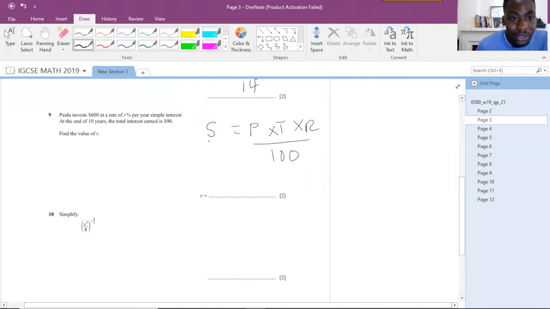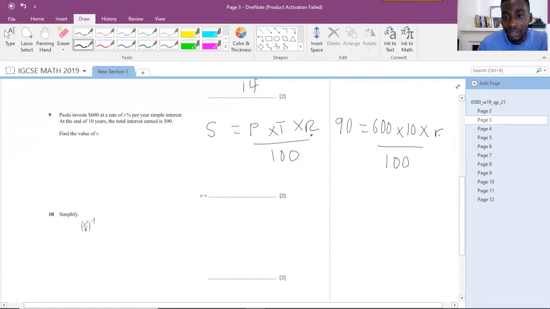So the interest that she got there, that's the simple interest, was $90. And the principal that she invested was $600 for a period of 10 years. So time is 10 years multiplied by the rate, the R value that they want us to find, divided by 100.